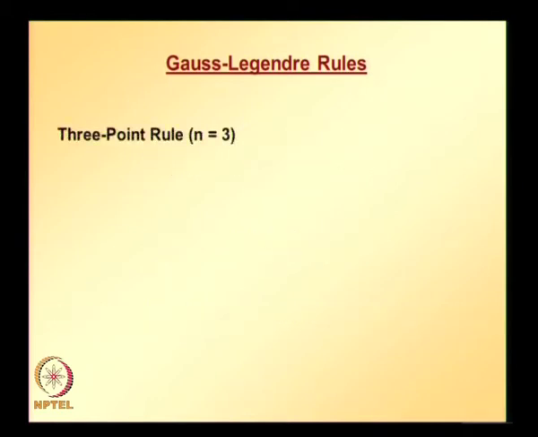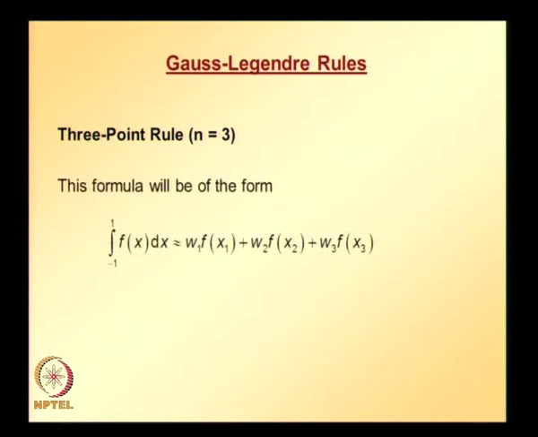So now let us see the 3-point Gauss-Legendre rule, that is n is equal to 3. The integral from minus 1 to 1 of f(x) dx is approximated as the function evaluated at 3 points x1, x2, x3 multiplied with corresponding weights w1, w2, w3 and summed up. So this is how we can approximate this integral.